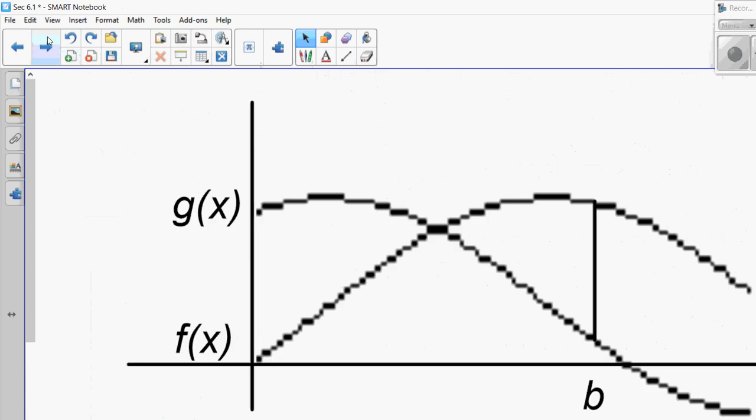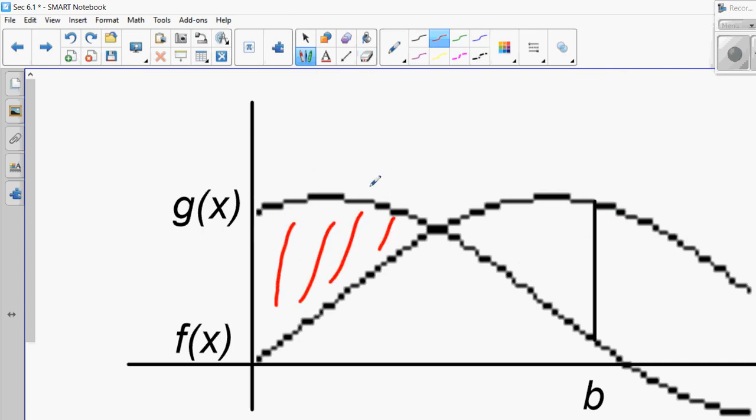Now, where it can get a little trickier is if you have something like this. Let's imagine for a second we want to find this area between the two curves, and let's say we're going from 0 to b. You can notice right here at point C that it switches. Over here, F is on the bottom, G is on the top. After C, it switches.